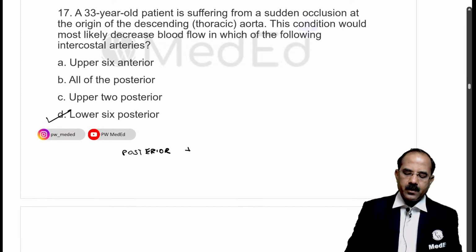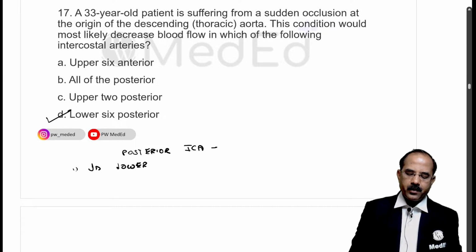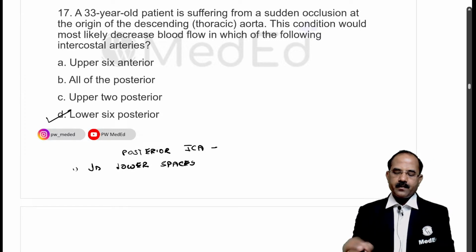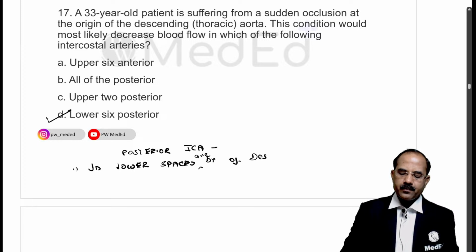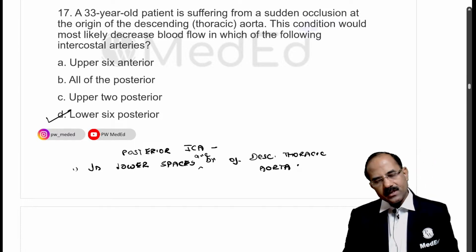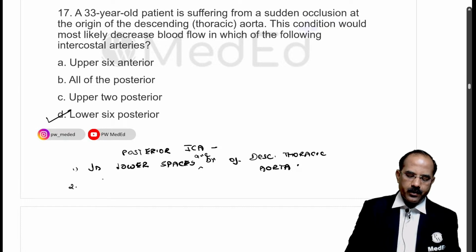Posterior intercostal arteries in the lower spaces are branches of descending thoracic aorta. This is important.